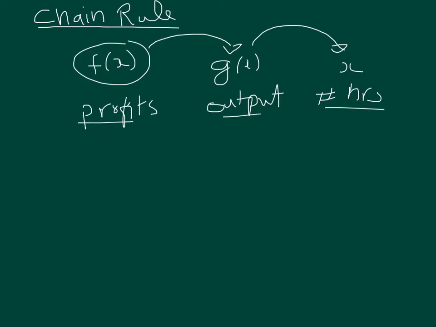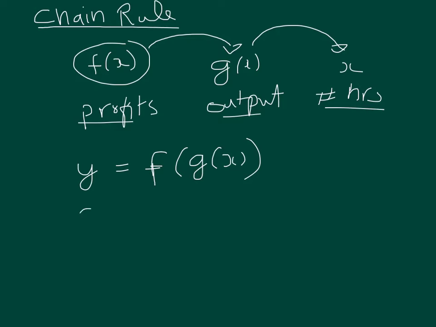So one way of rewriting this function is to write our y as a function of g, which in turn is a function of x. So this is an example of a composition function where my x affects g and g in turn affects f.